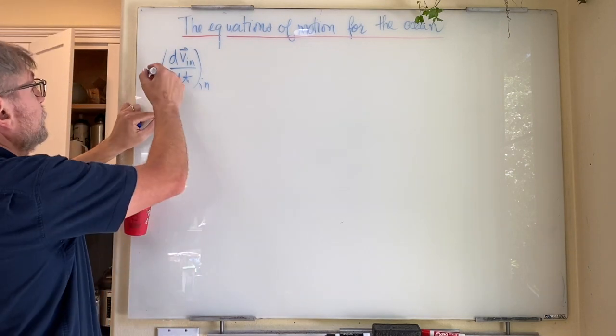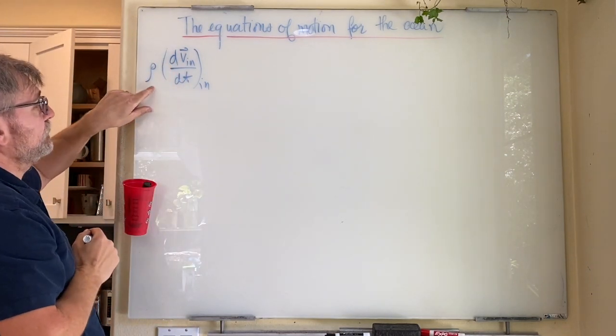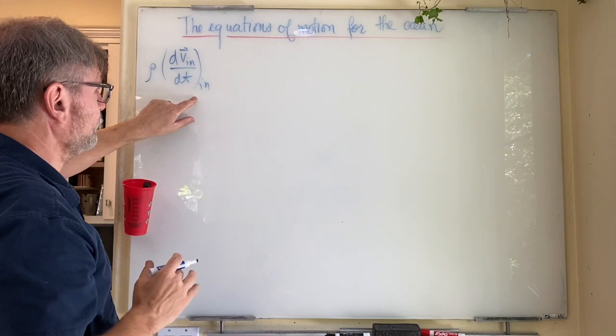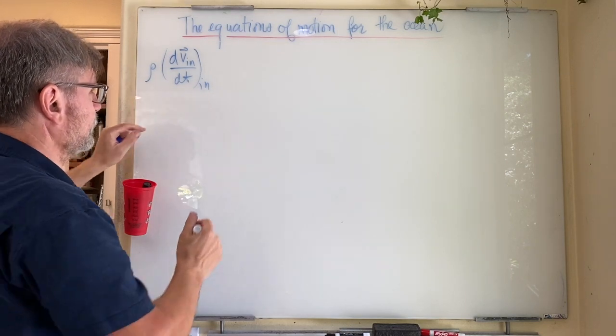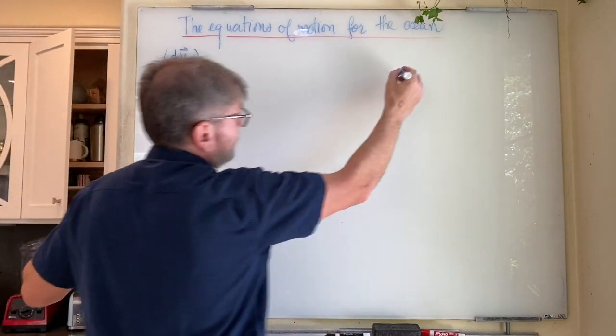So if I put in a rho here, this would be the mass per unit volume times the acceleration in the inertial frame would be equal to the forces.